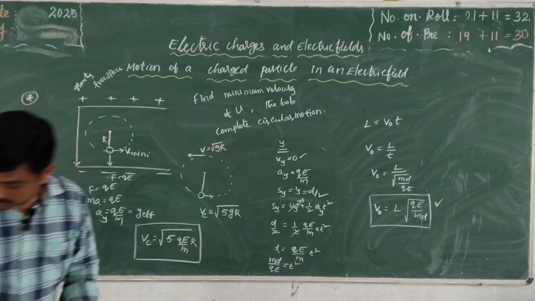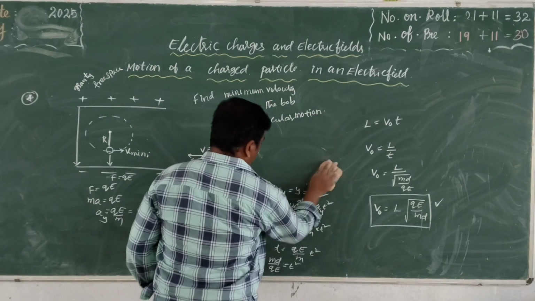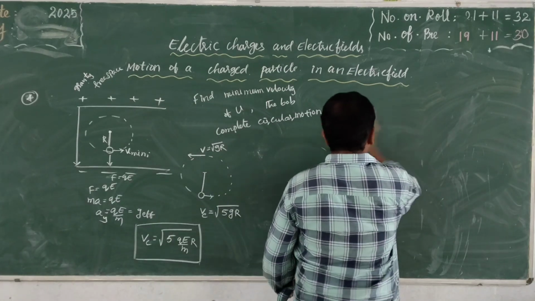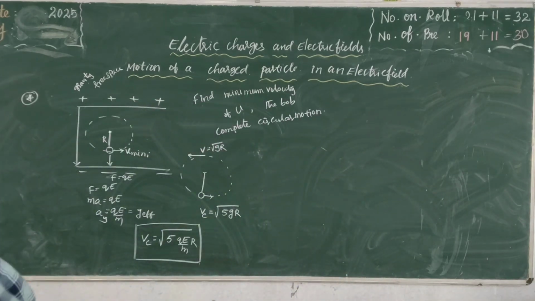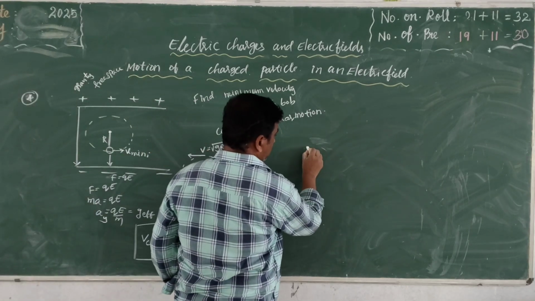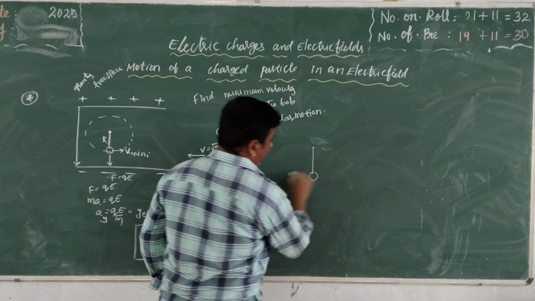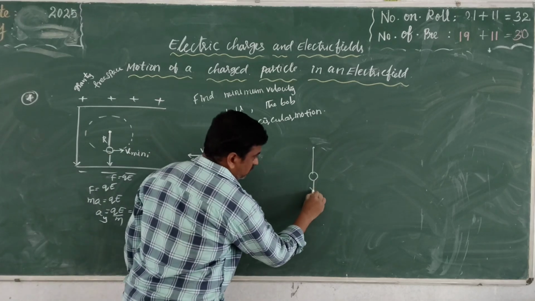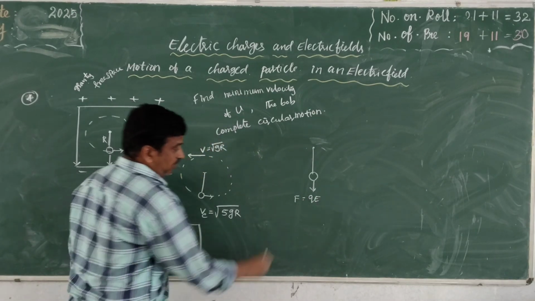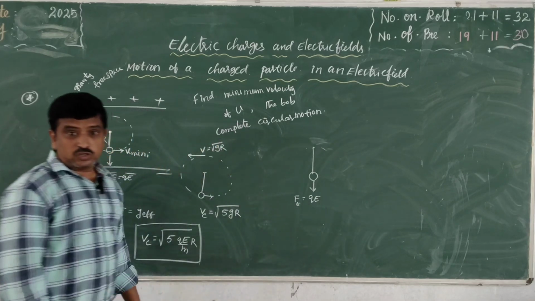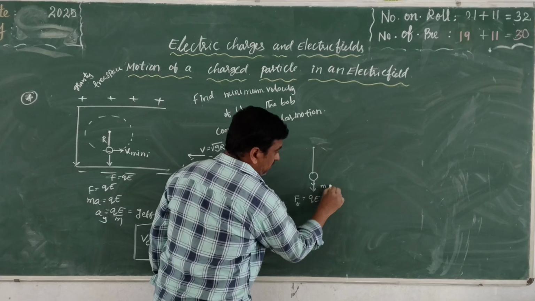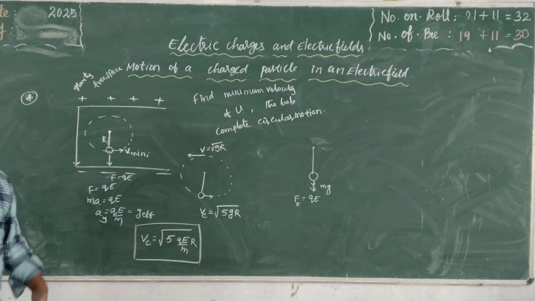If gravity is there, what is the critical velocity? That also we find out. If gravity is there, the bob is in uniform electric field. Now two forces act: one is QE due to the electric field, and one more is the weight, mg, acting down.